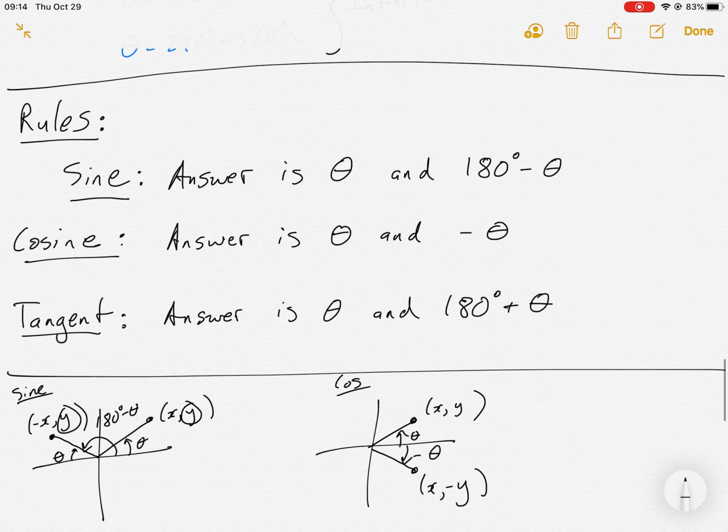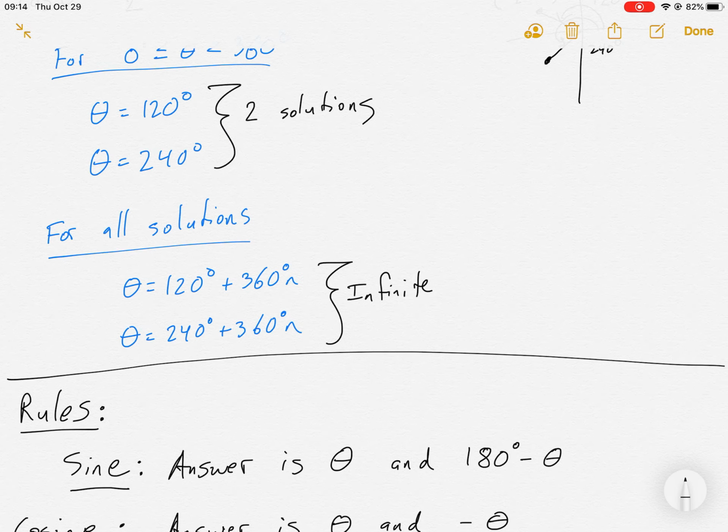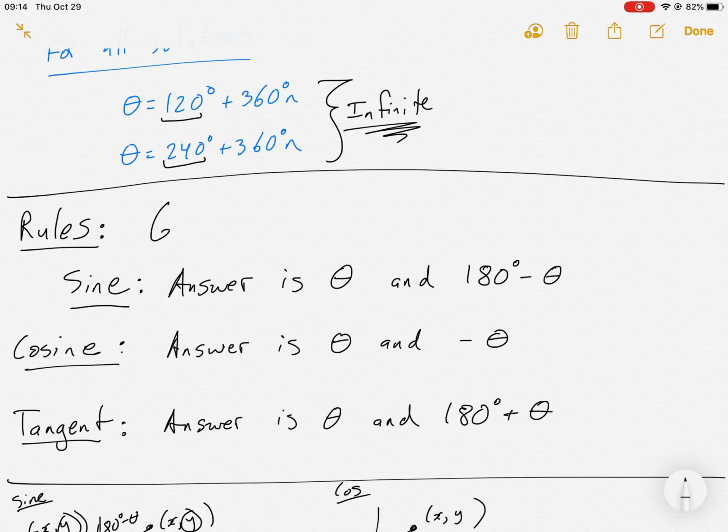So these are the rules that you really need to remember once you get your answer, whatever it might be, to figure out what the other option is. Because once again, there's really only ever two solutions. Even though there's technically infinitely many, there's only two forms for your answer. And this is how you would get those two forms.